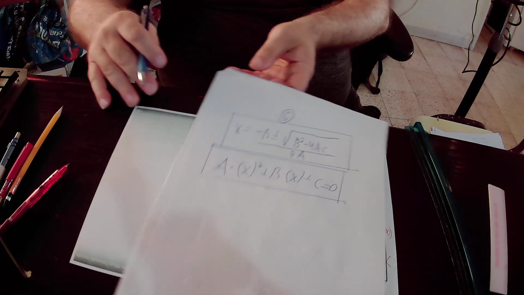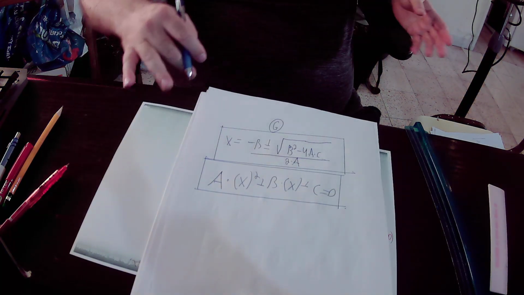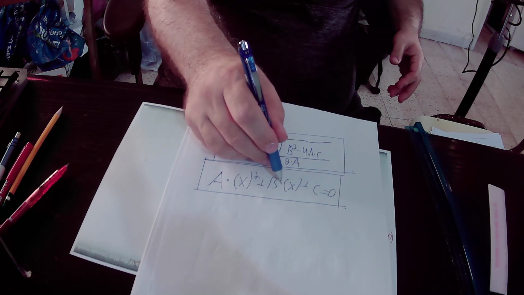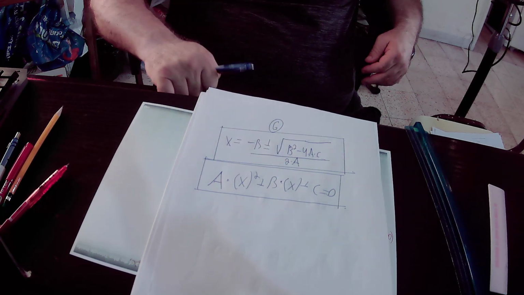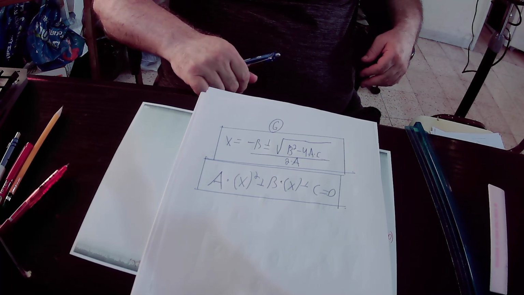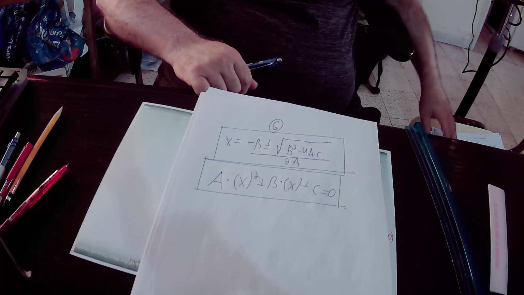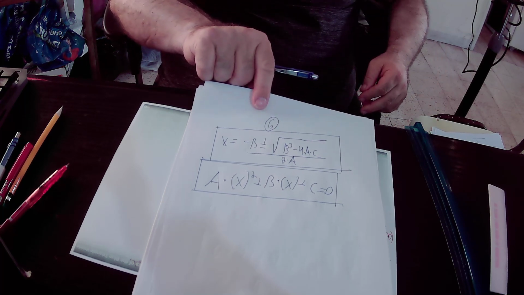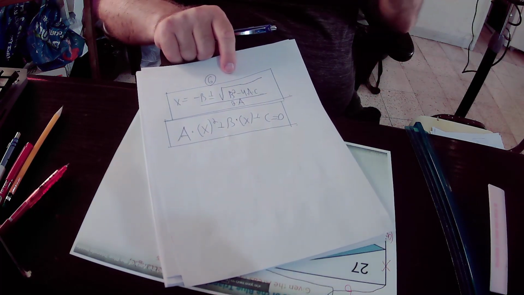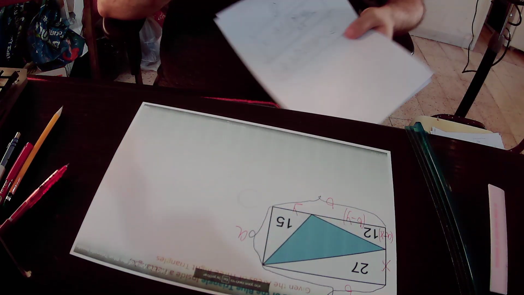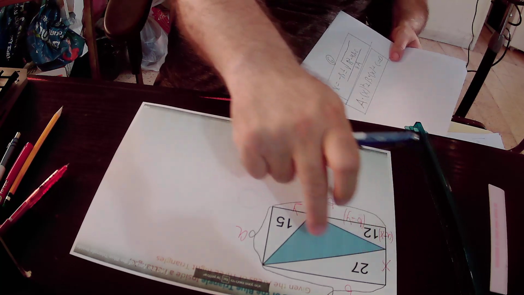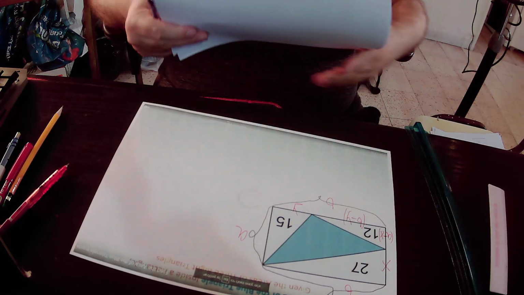Okay, this is the general formula for the quadratic equation: a times x squared plus b times x plus c equals 0. And below we will write down our specific quadratic equation that we derived from the formulas of the areas of these three right triangles.